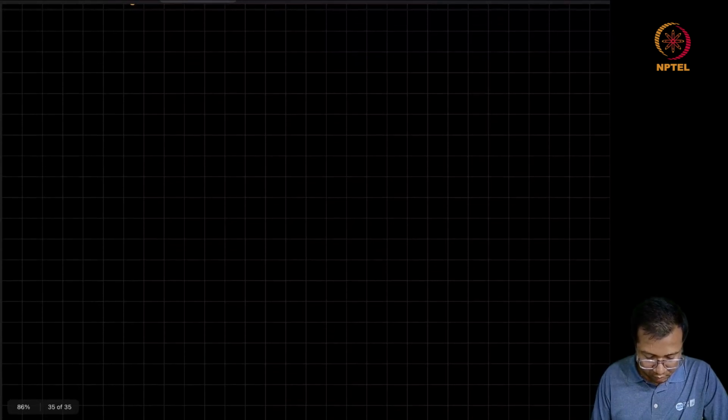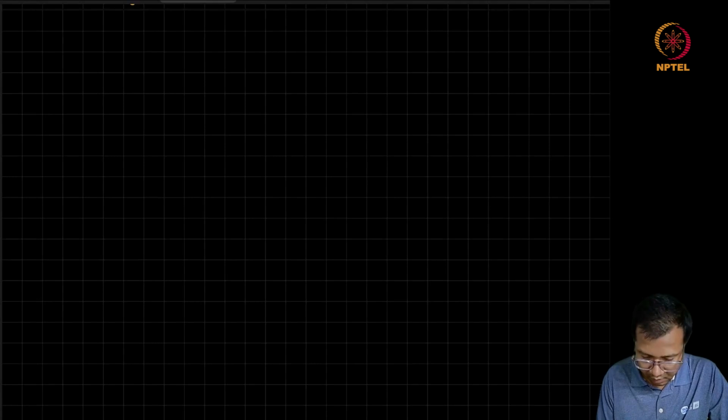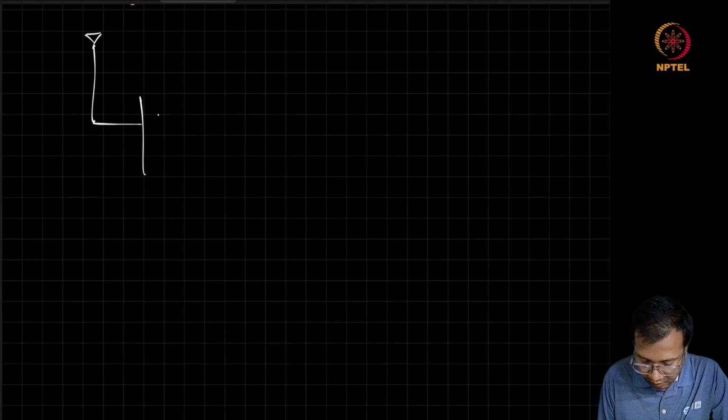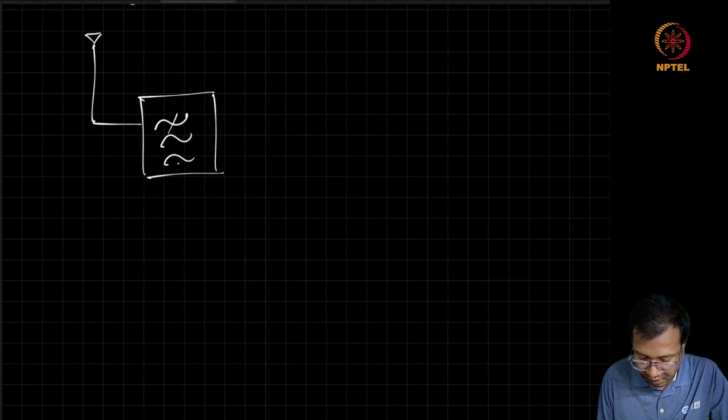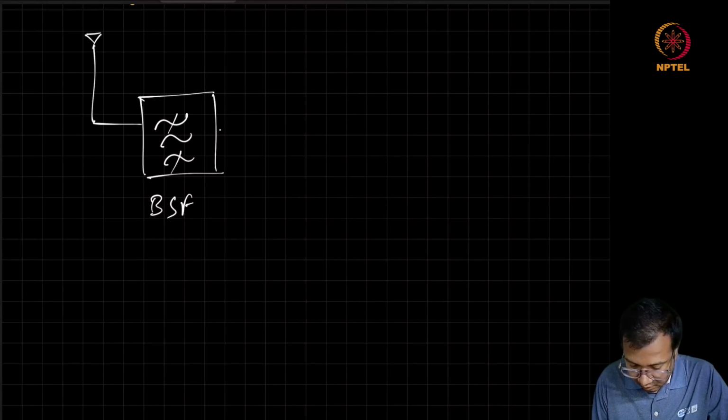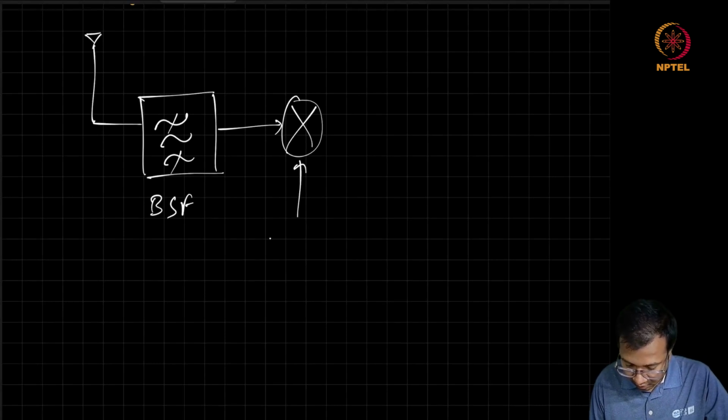Now if we try to draw the complete architecture, here it looks like you have got an antenna, a band select filter. The next stage we are adding is the LO.